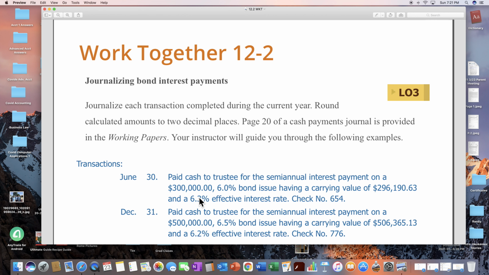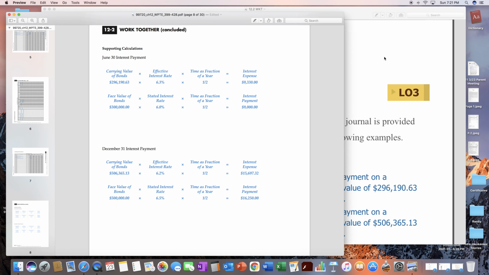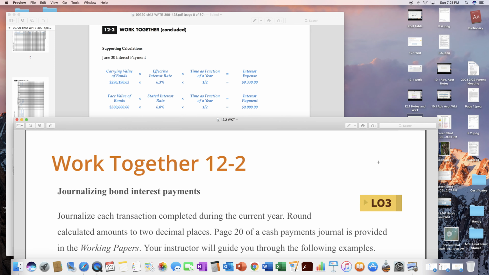You're taking the effective interest rate times the carrying value to get the interest expense. You always are using the time. But when we're doing the interest payment, you will take the face value times the stated interest rate times the time. So here is an example of what you need to be following there.